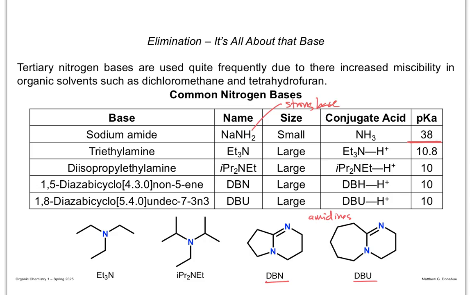When that base deprotonates, it ends up with an ammonium, so the nitrogen is positive now. The pKa value that's shown is of that ammonium acid, so nitrogen plus. Those are bases that we can use in elimination.